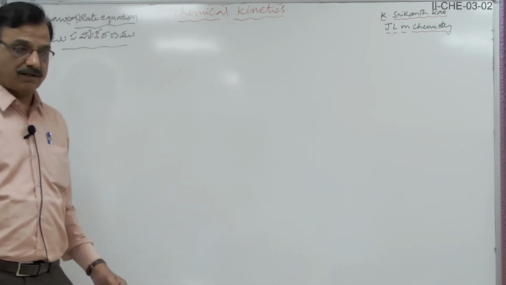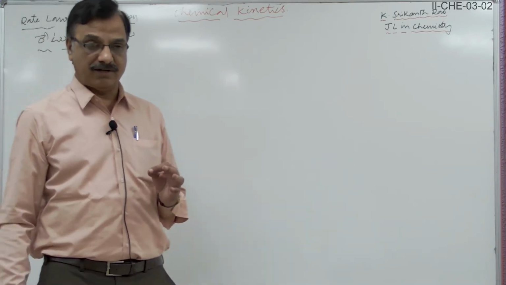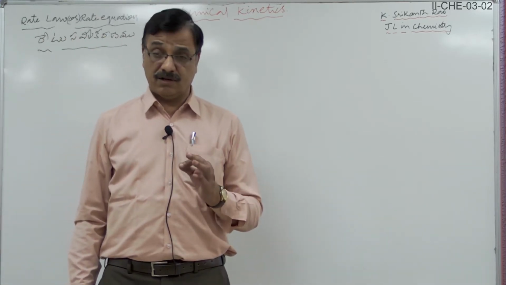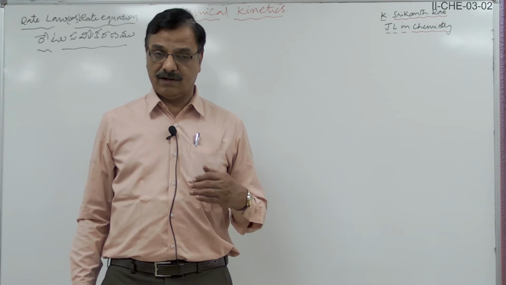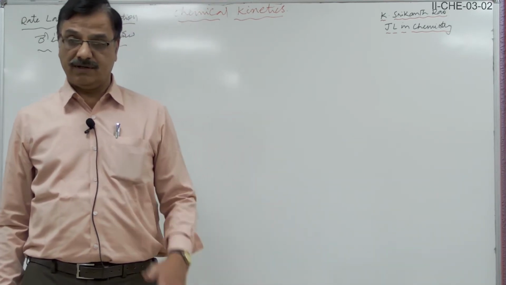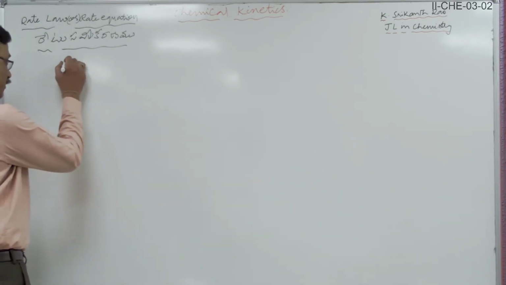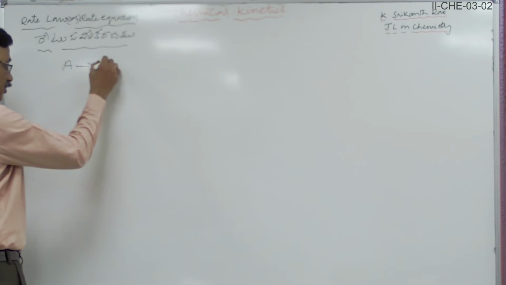So that is nothing but the law of mass action, which states that the rate of the reaction is directly proportional to concentration of the reactants. For example, the reaction A changing to products.